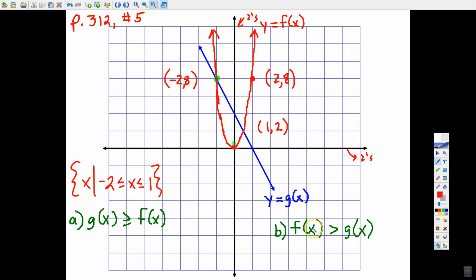Okay, and now part B says, where is the f function greater than the g function? If you want to do shading, maybe that helps you recognize that we're talking about greater than being up here. For what values of x would the f function be greater than the g function? Well, it's pretty much everything else. It's all the numbers from 1 and bigger.